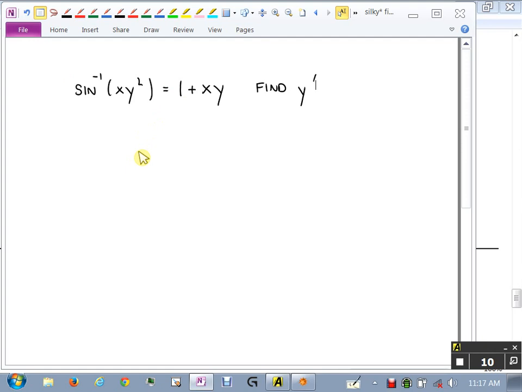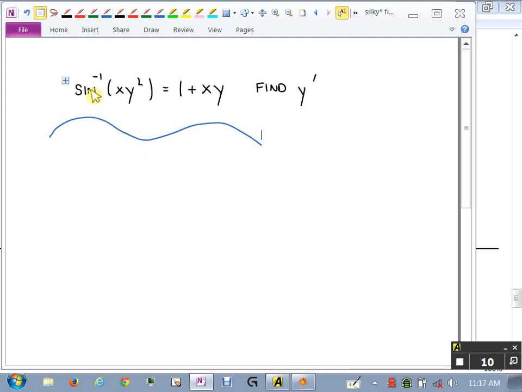So that means we just take the derivative on both sides of the equation. We make sure we follow all the chain rule, product rule. We treat the derivative of x to be 1. We treat the derivative of y to be y prime or dy dx. All right? So I like to represent that I'm going to take the implicit differentiation with the squiggly line.